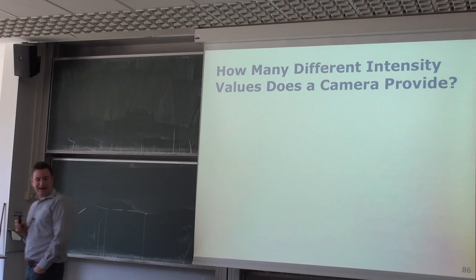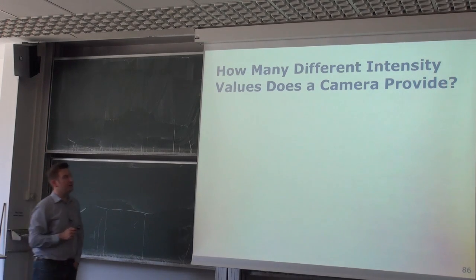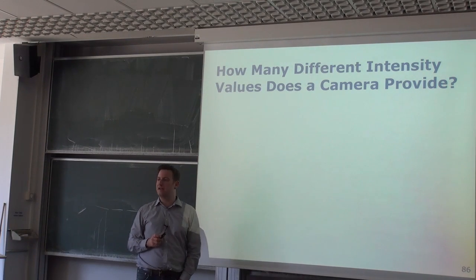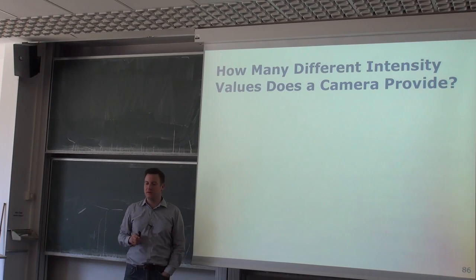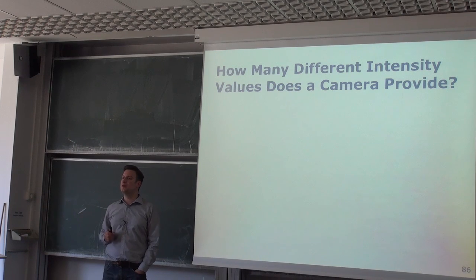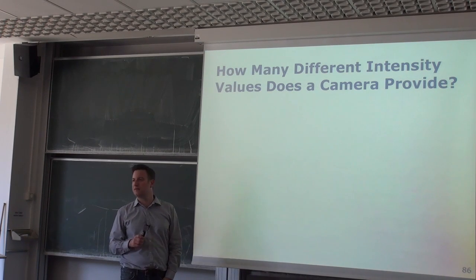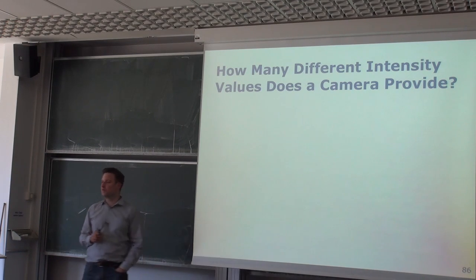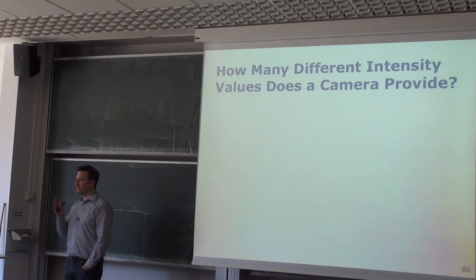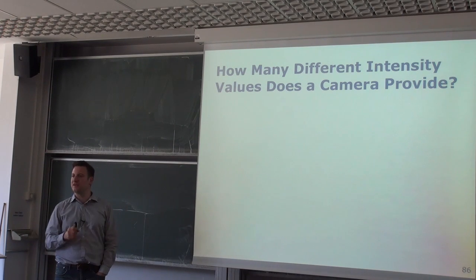So the question is now, how many intensity values does a regular camera provide? If you have your regular digital camera, you take a picture, how many intensity values do you actually get? Yep, from 0 to 255, so 256 values.